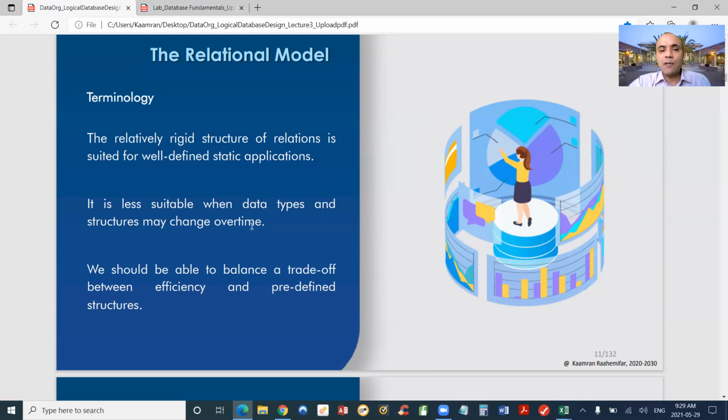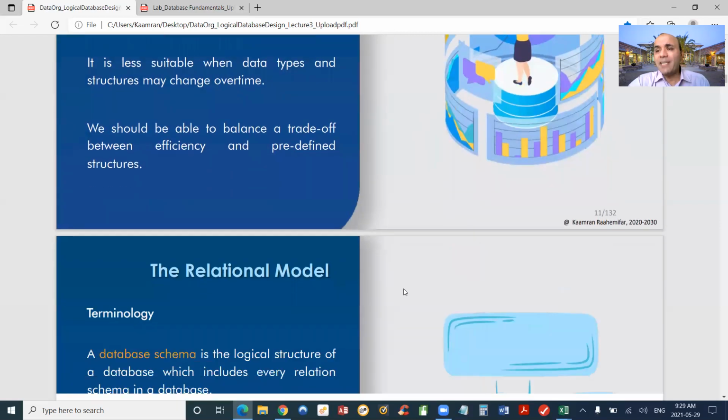It is less suitable when data types and structures may change over time, especially when we say time. In our domain, we are talking about hour or day or week. We should be able to balance a trade-off between efficiency and predefined structures. So these are predefined structures.